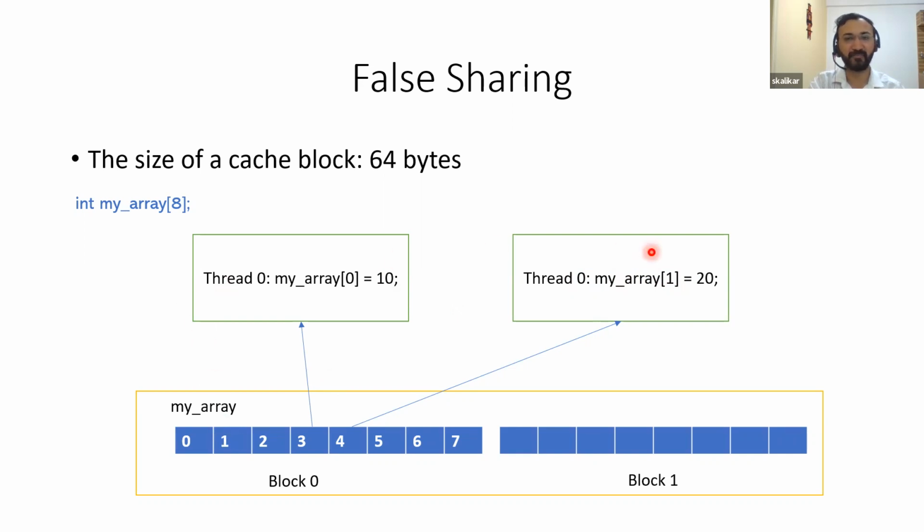So there are 2 different threads operating on 2 different memory locations, right? Now, do you think there is any concurrency problem here? Do I need to acquire locks for this? Yes or no? Any suggestions? Because these 2 threads are operating on 2 different memory locations. Yes or no? No need for locks, correct.